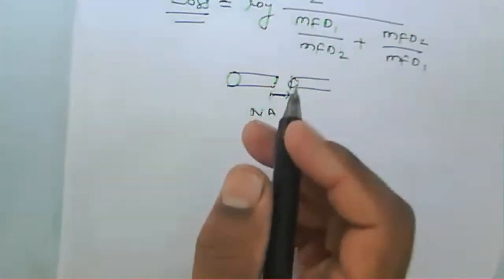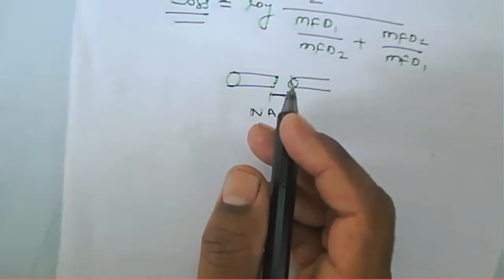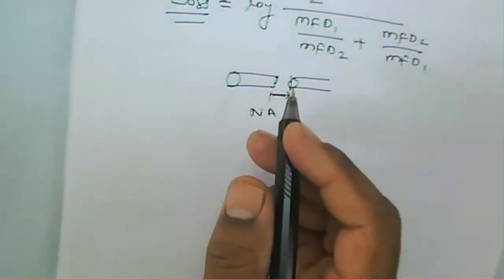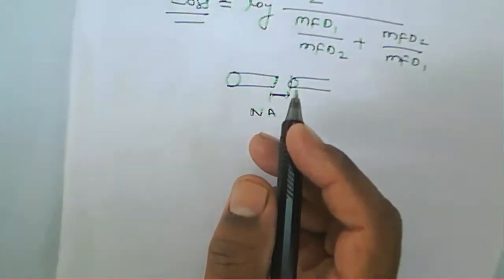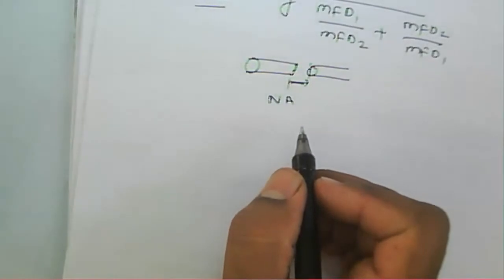But in another way, we say that for a given particular fiber, we look at what the mode field diameter will be, and according to that we can couple the fibers easily. So coupling of a fiber takes place if the mode field diameters match for the two fibers.